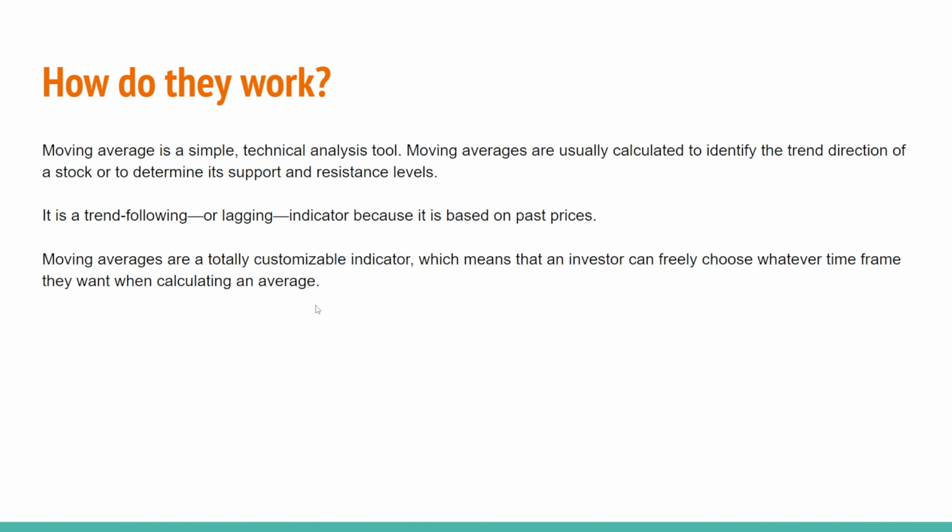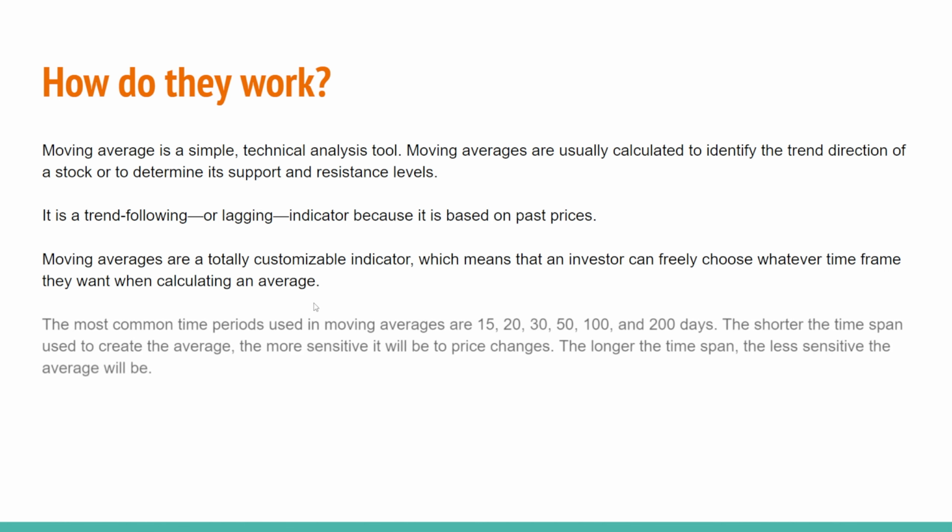They're completely customizable, so you can use whichever time frame you want, whichever moving average you want. You find out which works for you, and I'll get into in a little bit which ones I think you guys should use. The most common time periods are 15, 20, 30, 50, 100, and 200. Your 200 is going to be your real large moving average.